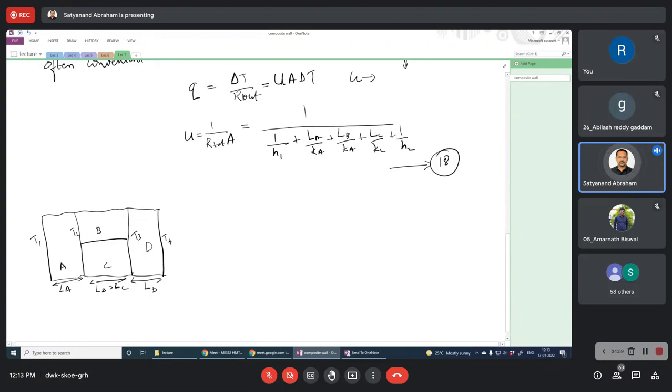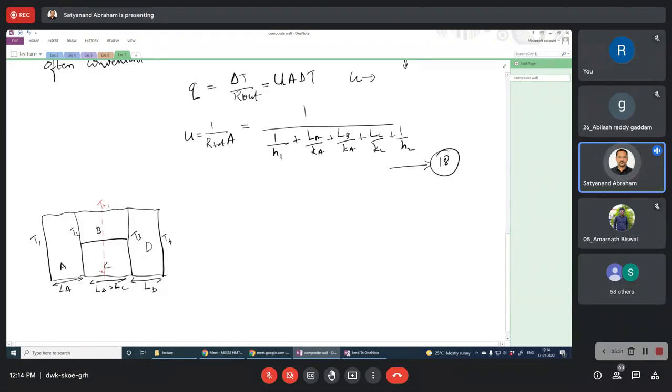If you take any location in between, the temperature should be the same throughout. If it is location x1, it should be the same temperature throughout. Therefore, T2 is constant whether it is for material B or C, and T3 is also constant, whether it is for material B or C. Then what is actually changing?